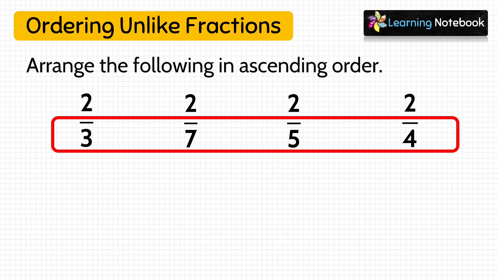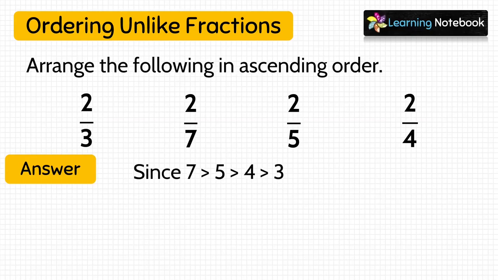Greater the denominator, the smaller is the fraction. So here denominator 7 is greater than 5, 5 is greater than 4 and 4 is greater than 3. So this means fraction having denominator 7 is the smallest fraction.